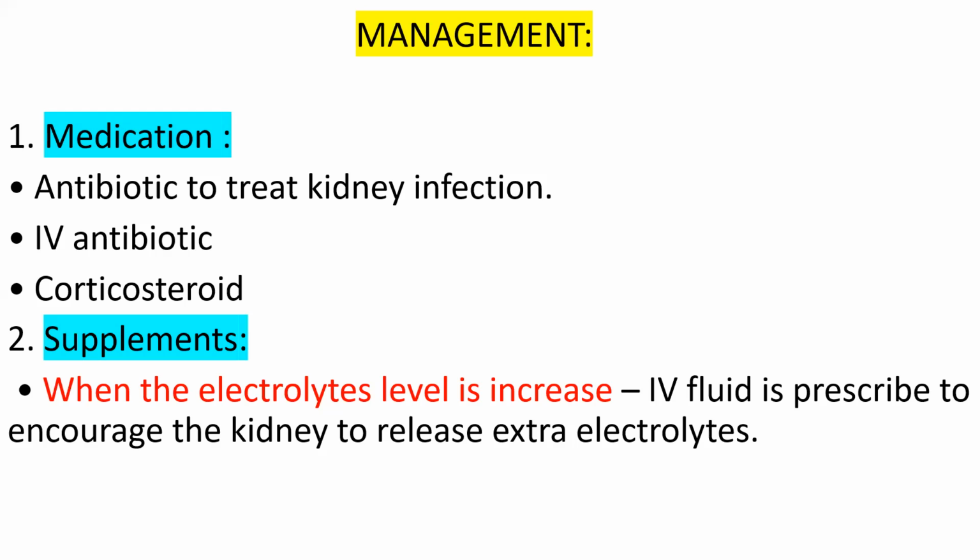The electrolytes are such as potassium, sodium, magnesium, etc. There are lots of electrolytes present in our body. So when our kidney is not functioning properly, it can have an impact on all those balances, and the balance is not maintained well. That is why we find the electrolyte level is also increased.